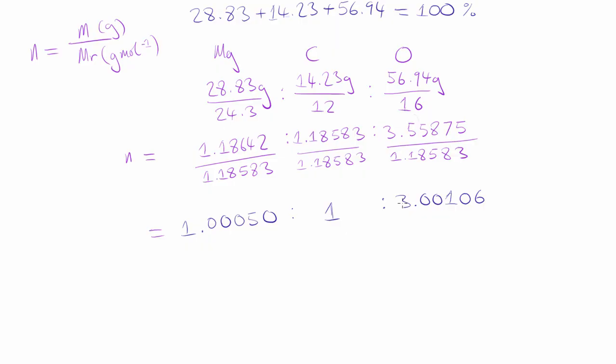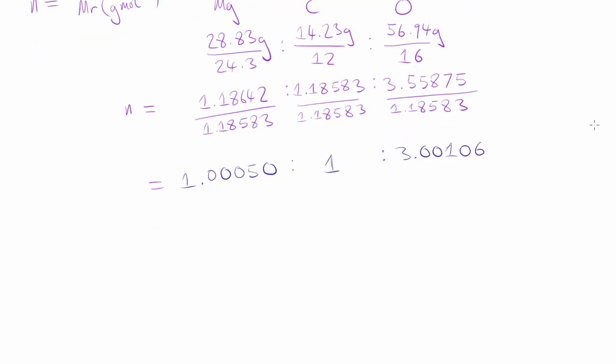When you look carefully at this, what do you observe? If you look at all of these to 2 decimal places, all of them are whole numbers. In other words, they are incredibly close to whole numbers.